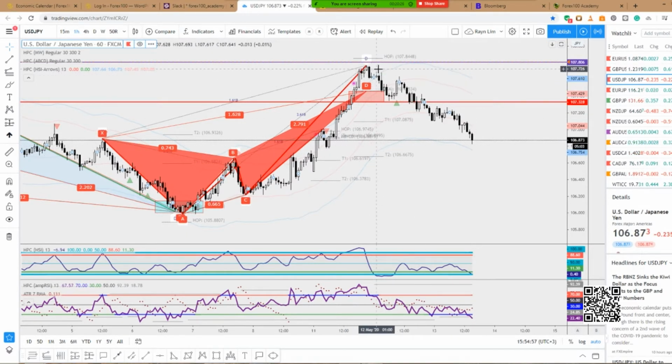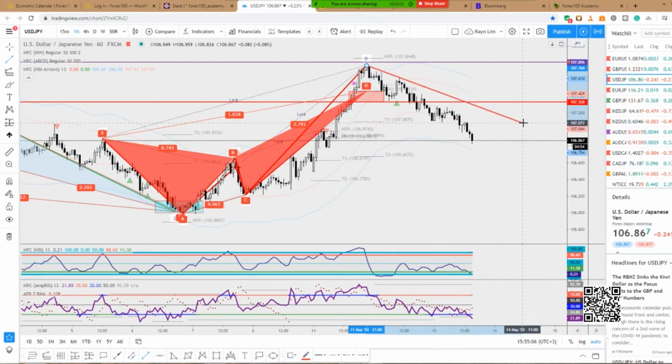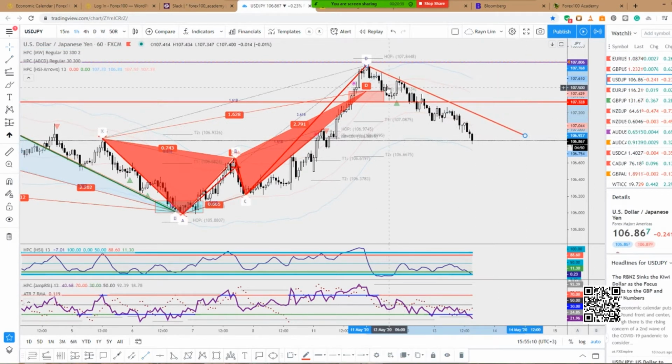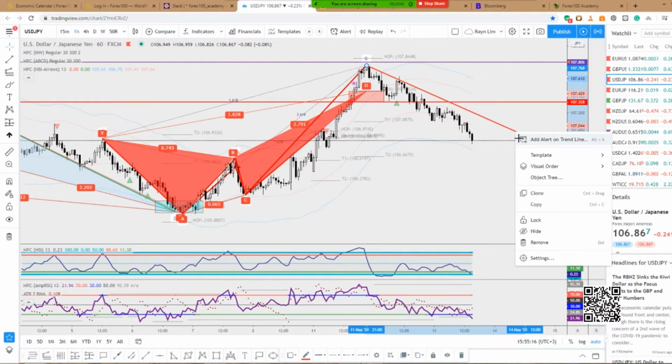So at any point, if the market reverses, all right, there is a shorting opportunity, and of course I can draw a trend line over here, connecting to the second point without cutting the candles, and I can set an alert.